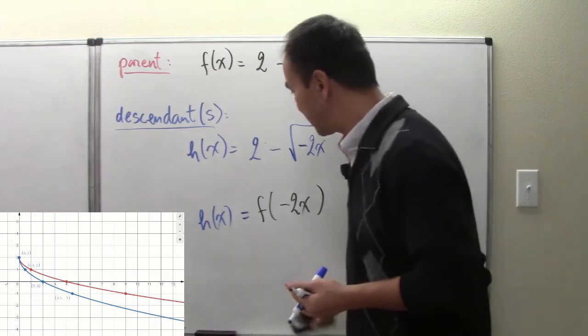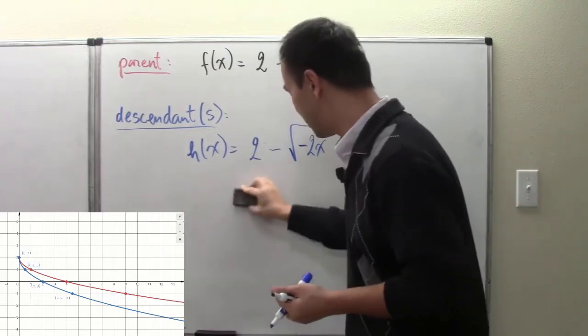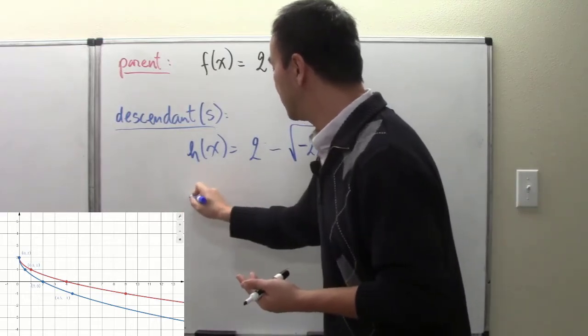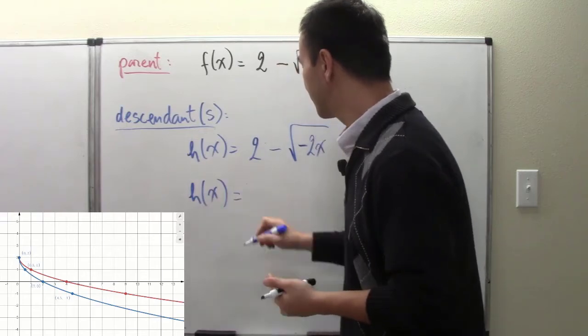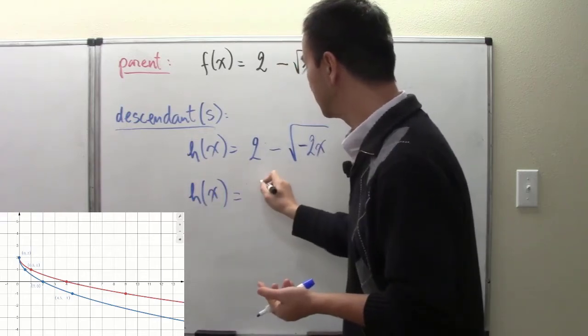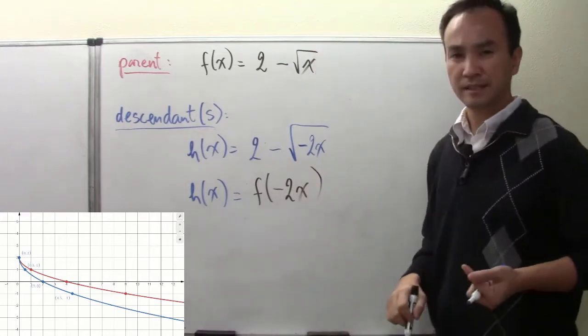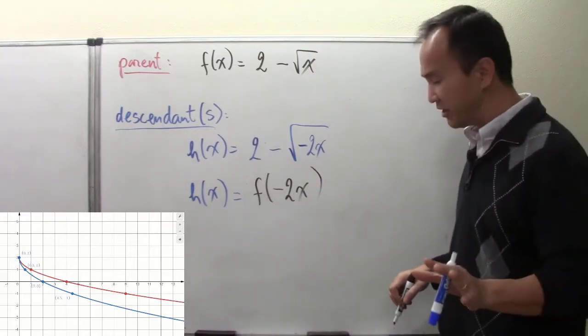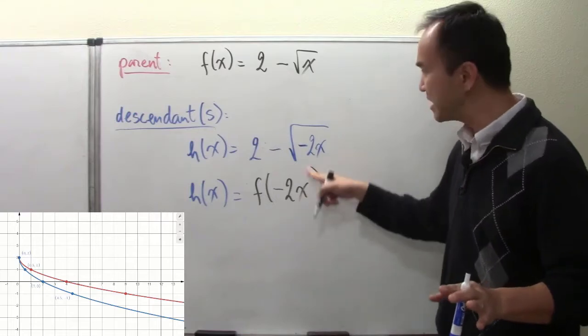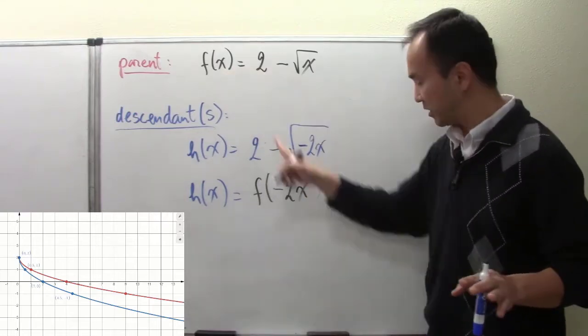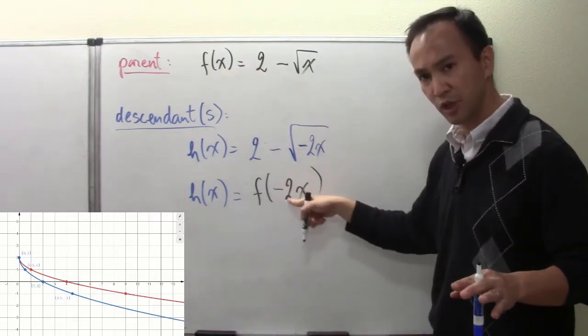Let me write it a little closer, a little higher up. This is the parent function, but taking minus 2x. So it's still in that form: instead of a usual x input, it's x times some coefficient.